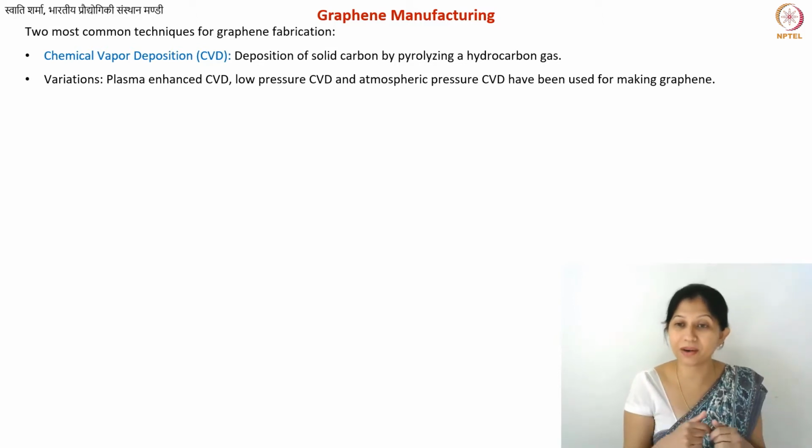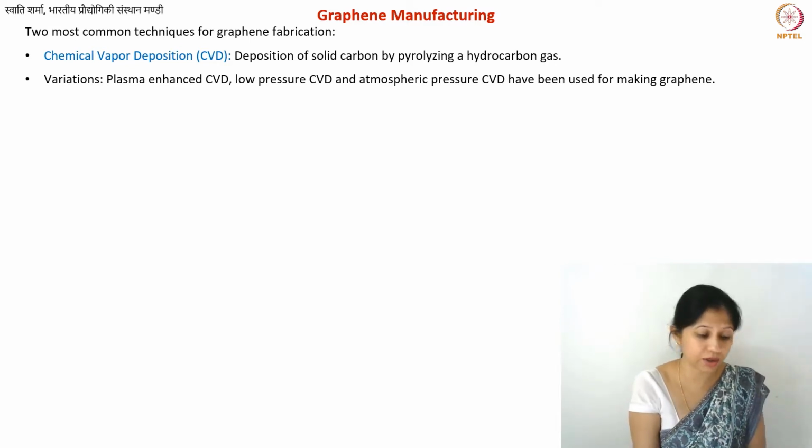Now within CVD also there are a lot of variations. Again, we are not going to discuss all of them, but I have mentioned some of these names here because you will often find that, okay, graphene was prepared by plasma enhanced chemical vapor deposition. So what is plasma enhanced? As again the name itself suggests, you have a plasma, which can be argon plasma or any other type of plasma.